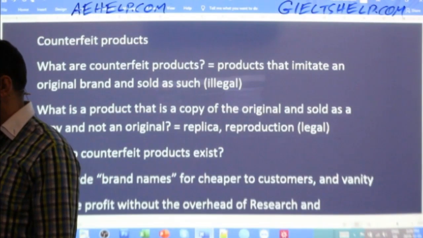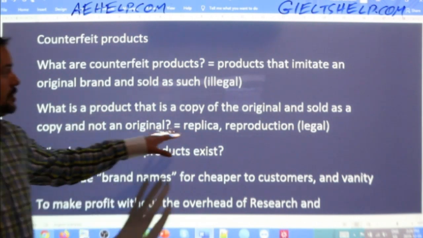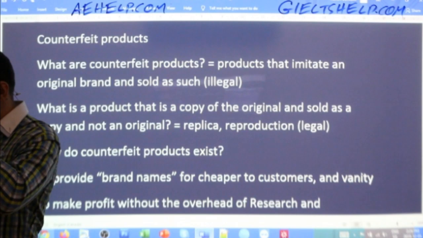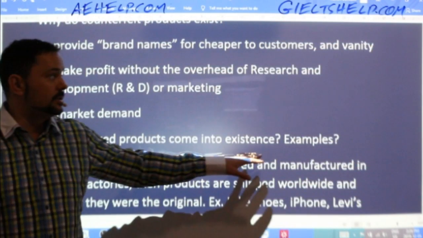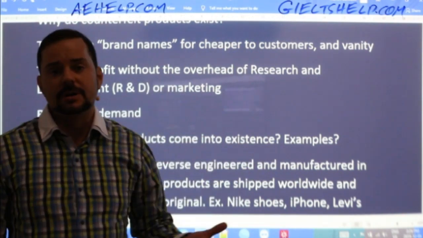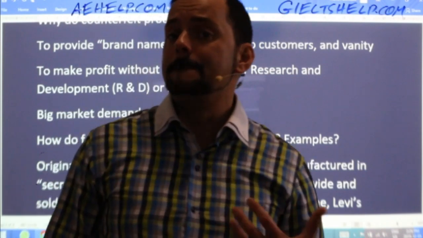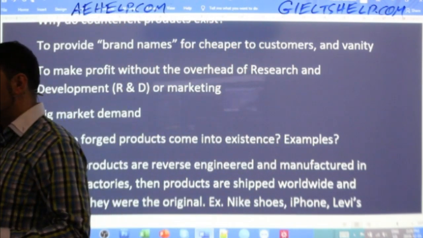So here, I'm just going to use the what is counterfeit products and how do these forged products come into existence. So I'm just going to use the what and the how for the topic to create the background for the introductory paragraph. That's all you have to do.